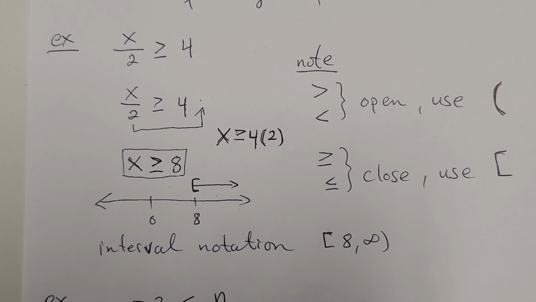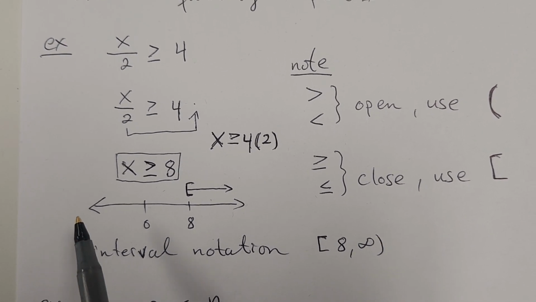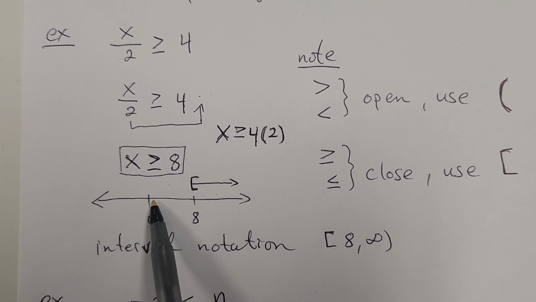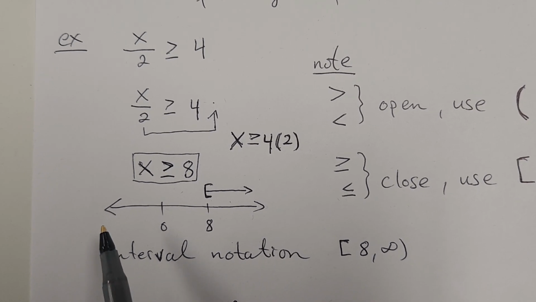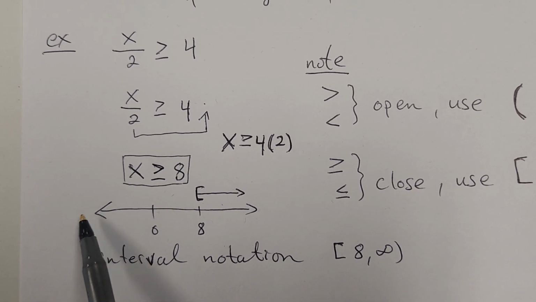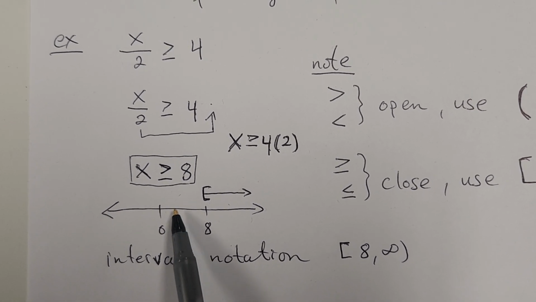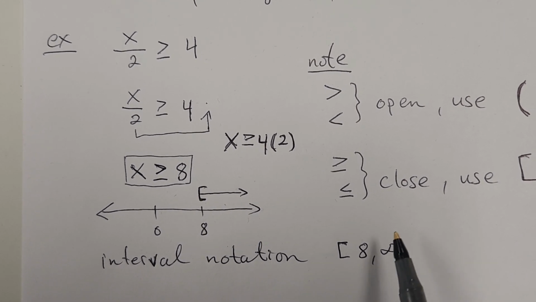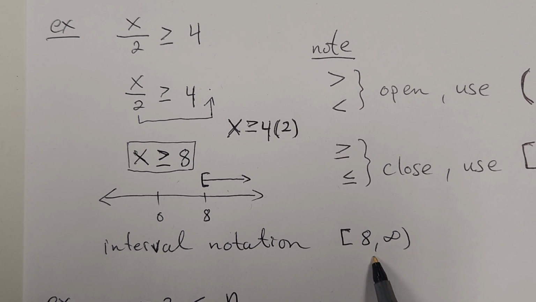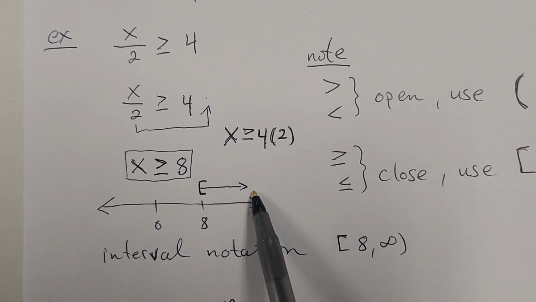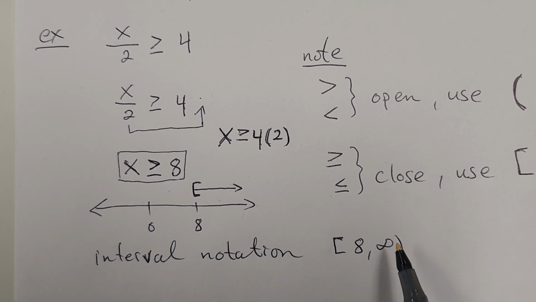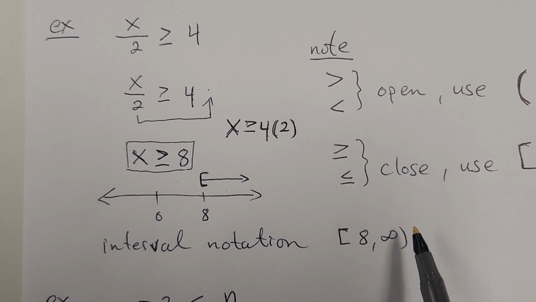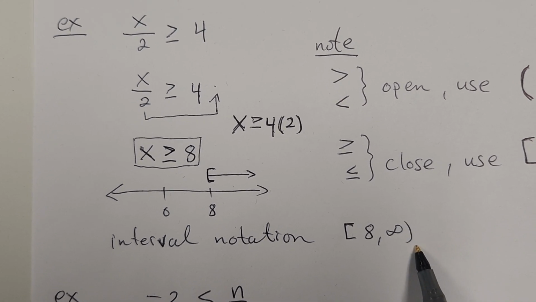One more time. Interval notation, start from the left and then move to the right. Since the left has nothing, keep moving until you reach 8. 8 has a bracket, so you bracket 8, comma, and then the arrow keeps pointing to the right side, so it becomes infinity. Infinity always parentheses.